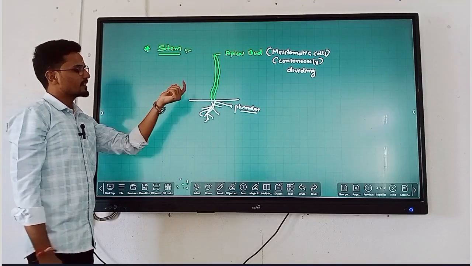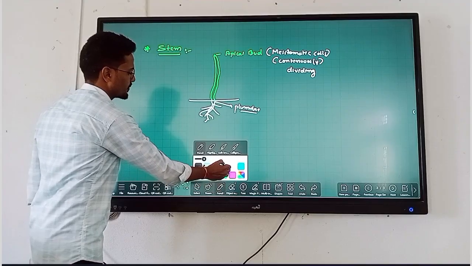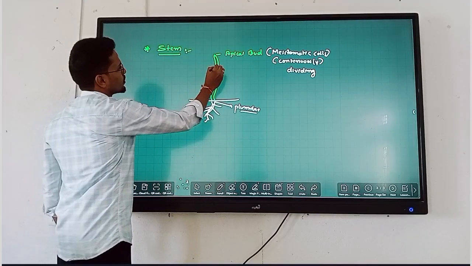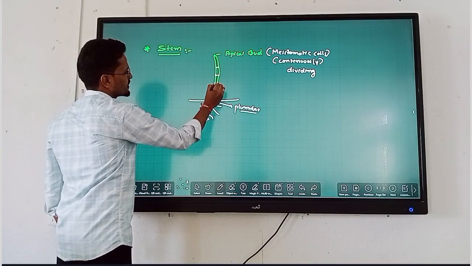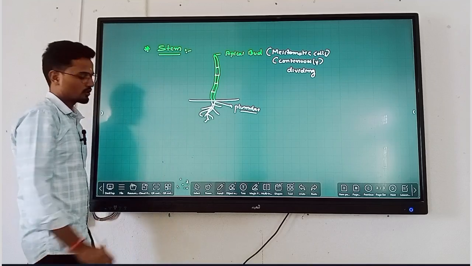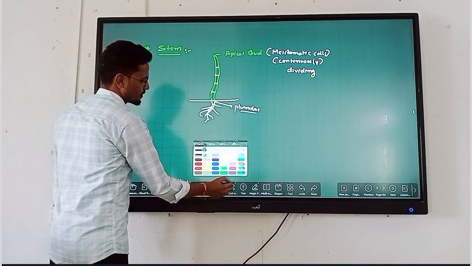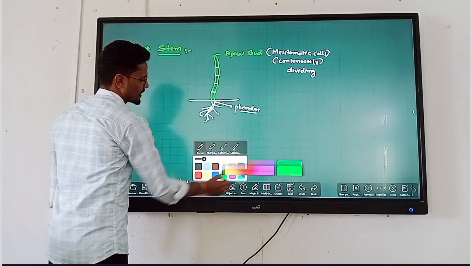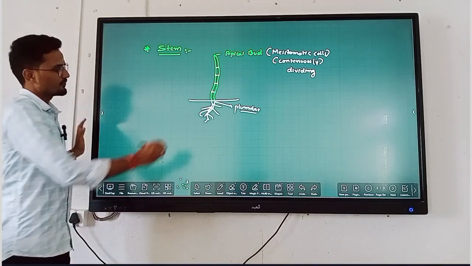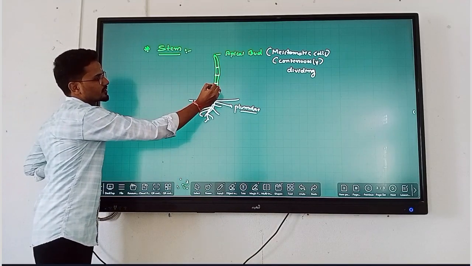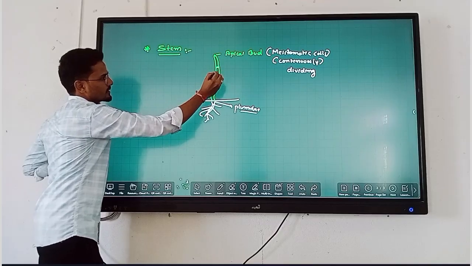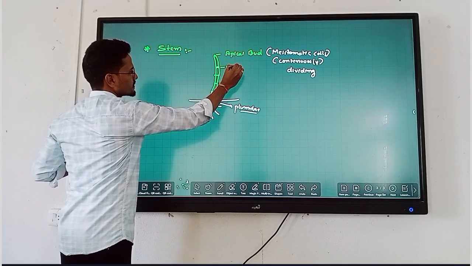Another important character of a stem is that it showcases node and internode. Frequently they have nodes. This is called a node.